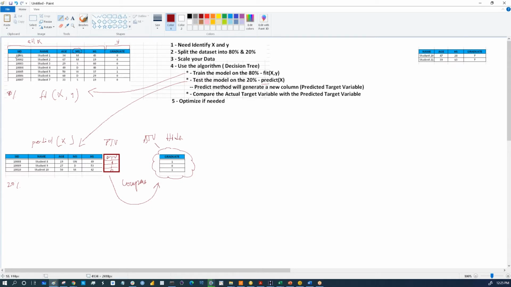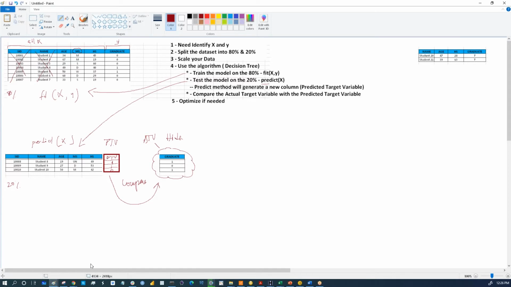So number one, we are going to do some selection using many methods that we learned. We know for sure we are not going to use SID and we are not going to use the name, because these two features wouldn't add any value to the analysis. This is simply too much personal information, and this one is simply a random number.